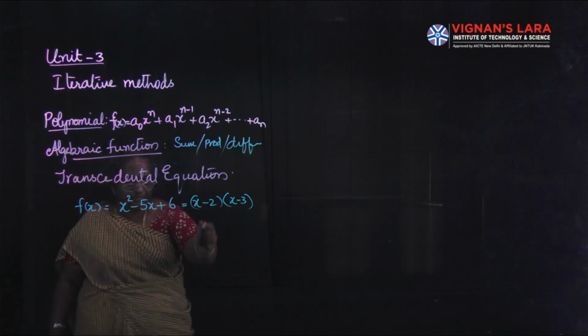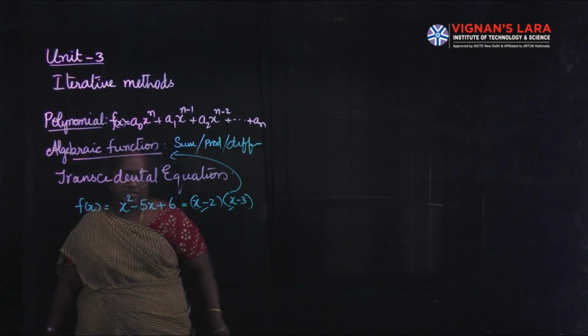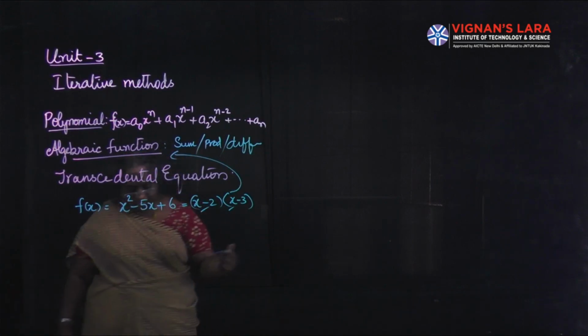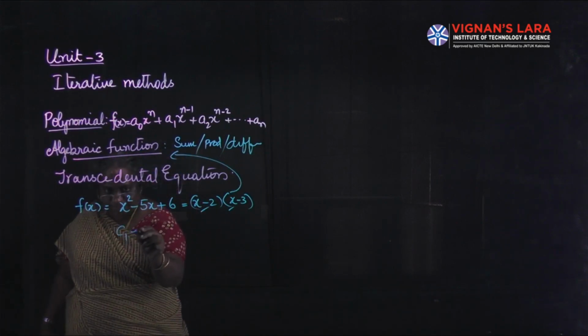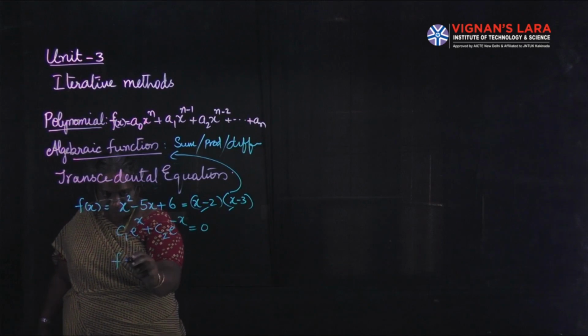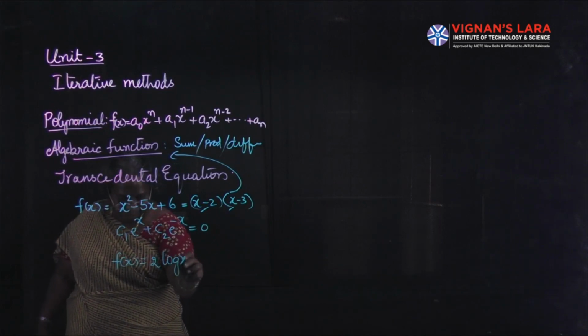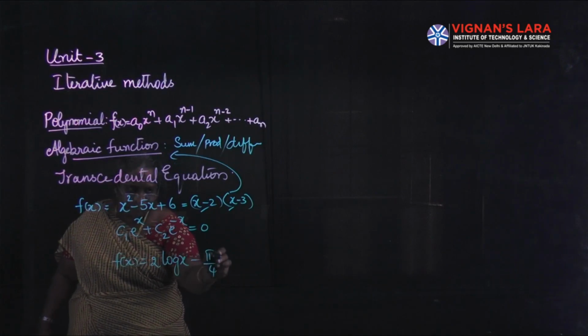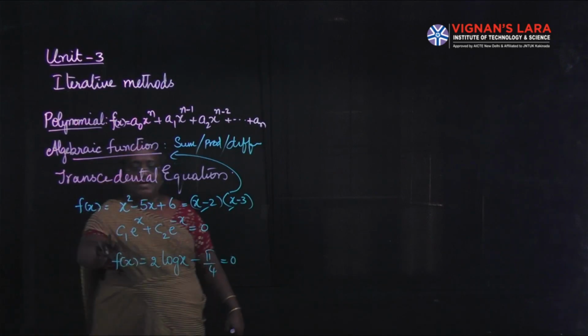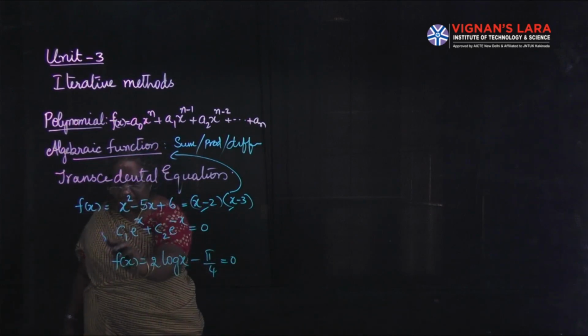Here I am able to represent it as a product of two polynomials, so this is an algebraic equation. Now see the second example: C1 e^x + C2 e^(-x) = 0. The third one is f(x) = 2 log x - pi/4. These two I can't write as a sum, product or difference of polynomials, and these are called transcendental equations.